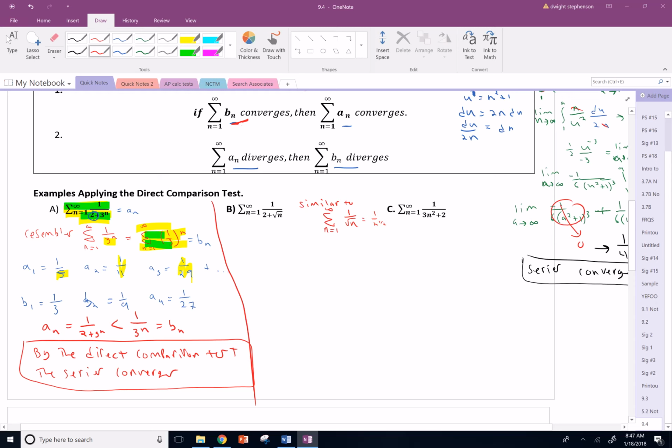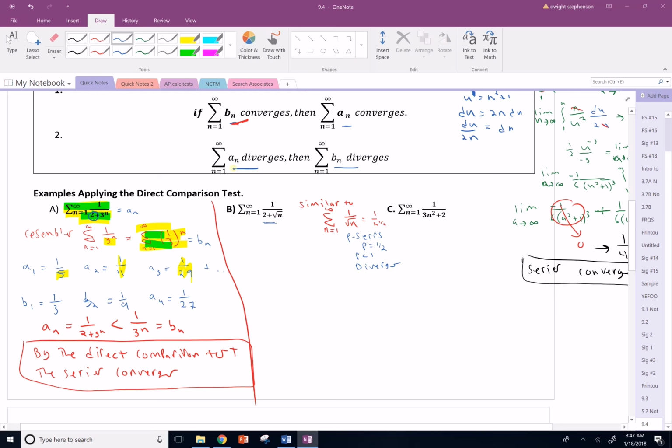That's a p series with p equal to 1/2. So you ask yourself, well, does this one converge? No, this one diverges, right? P is less than 1, so it diverges.